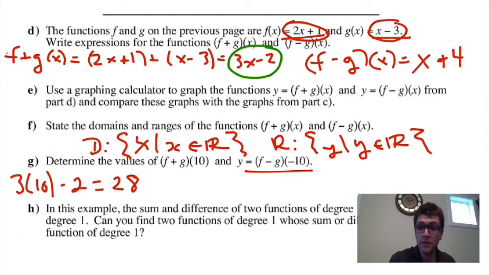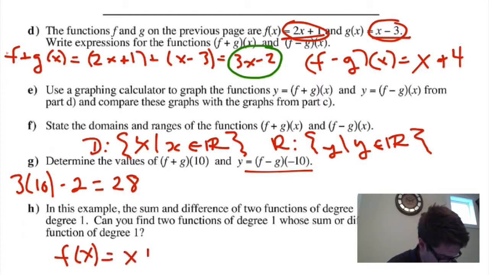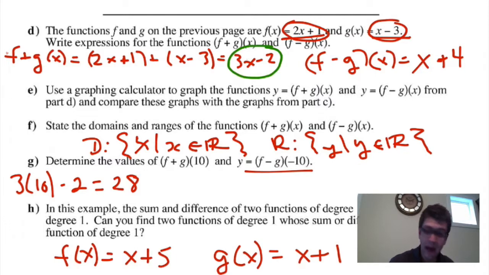Possibly the best scenario I can think of is what would happen if I had f of x being x plus 5 and I had g of x as x plus 1. If I add them together, I'm going to get 2x. If I subtracted them, x minus x, I'm going to end up with a line.